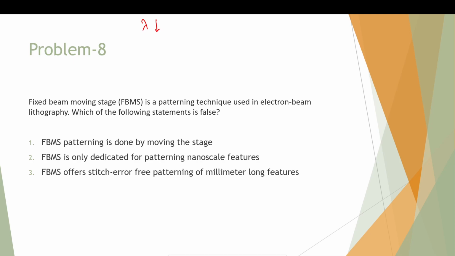So in e-beam lithography, what usually happens is people write in the area mode. They scan it, so it's a direct writing method, right? E-beam is a direct writing method.